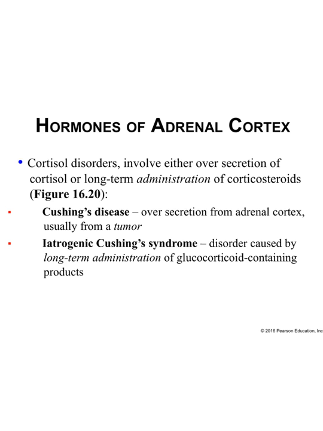Cortisol disorders involve either producing too much, or you're being administered corticosteroids by a physician long-term. So you can develop Cushing's disease, which is when the adrenal cortex does it. This is from a tumor, so you have an overgrowth of tissue, therefore it secretes more hormone.